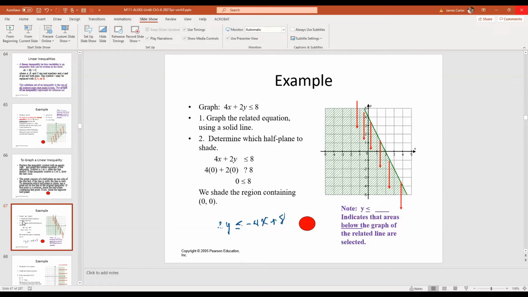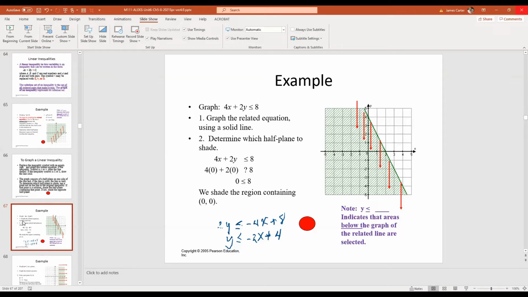In other words, I took the 4x over to the other side. Then I would divide everything by 2: y is less than or equal to -2x plus 4. Then I would use this to graph the line.